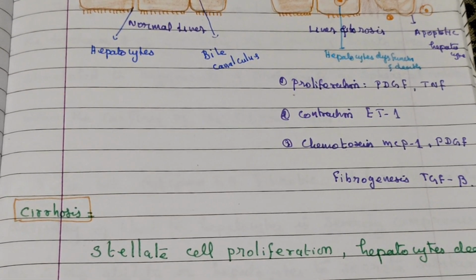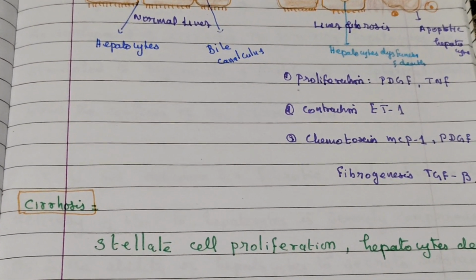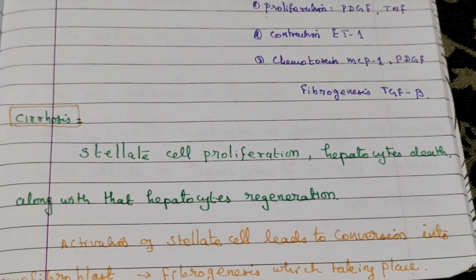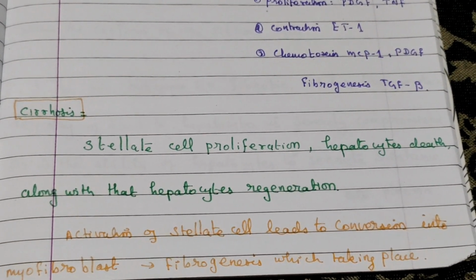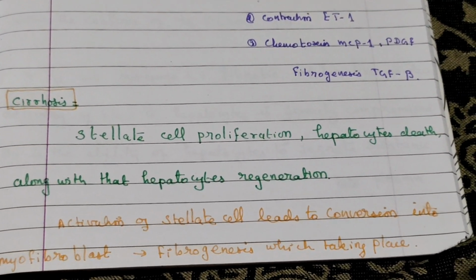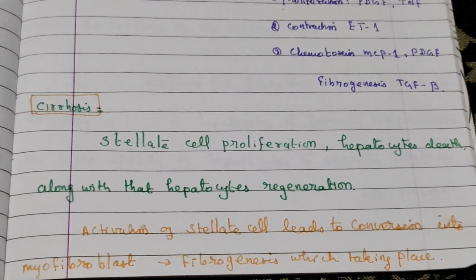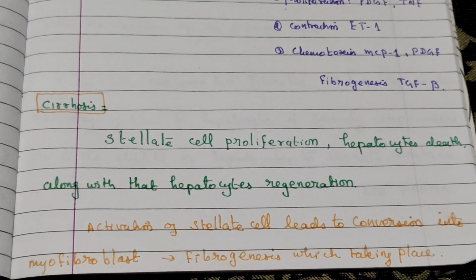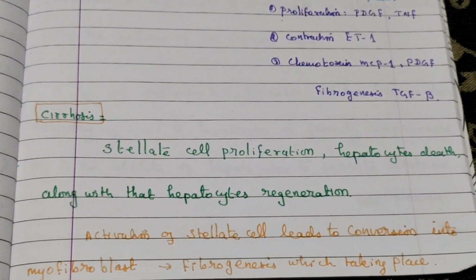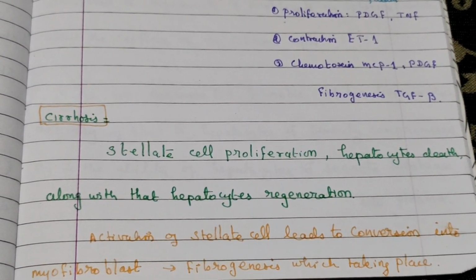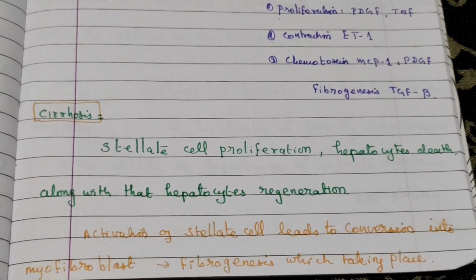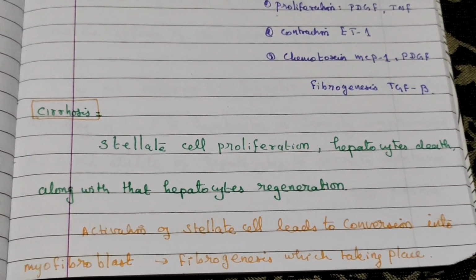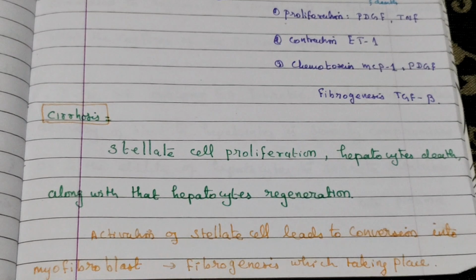Now because of this chronic process, liver damage and fibrosis, there is cirrhosis, and the surviving hepatocytes will try to compensate and proliferate. They produce nodules, but the nodules are confined within the fibrous septa.